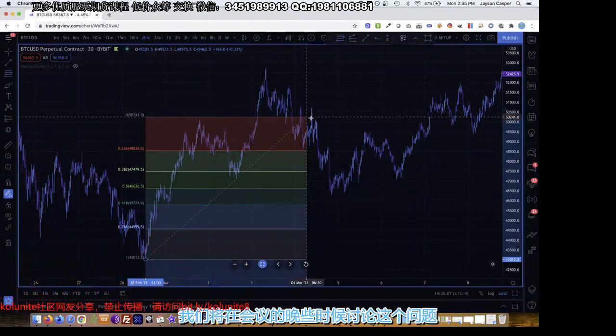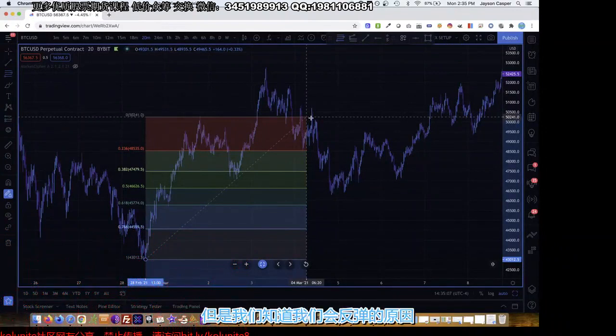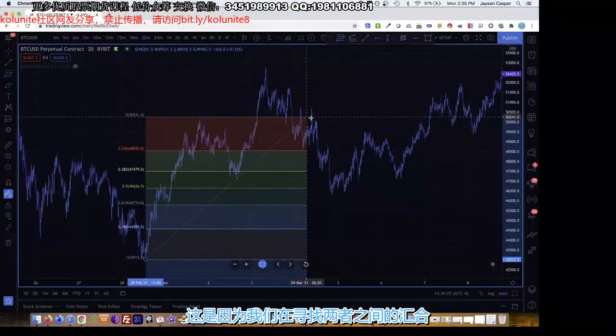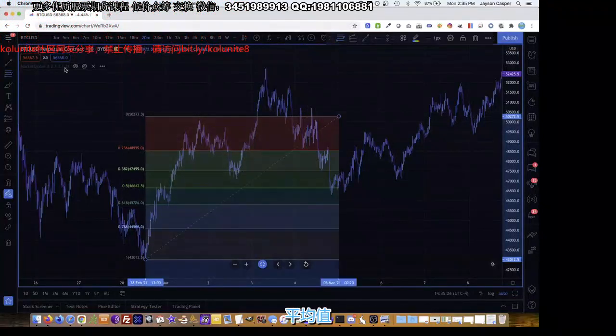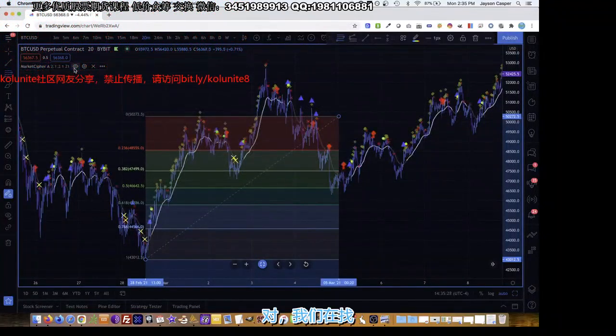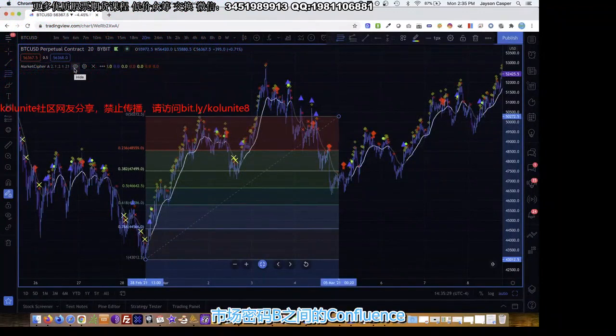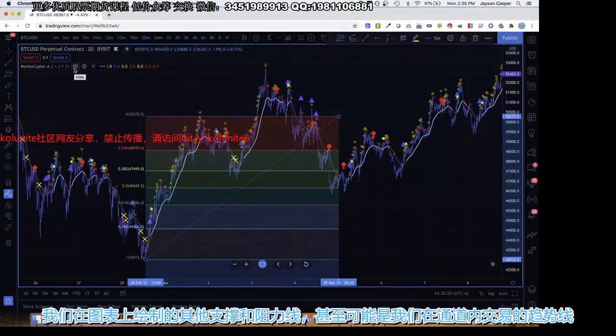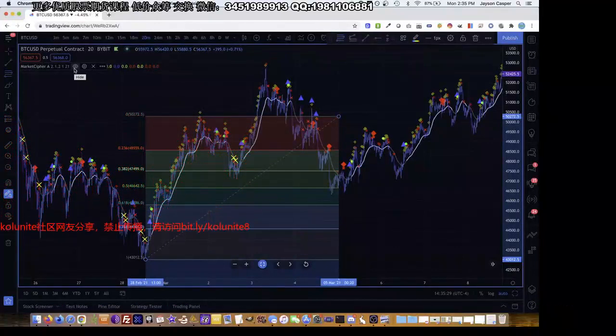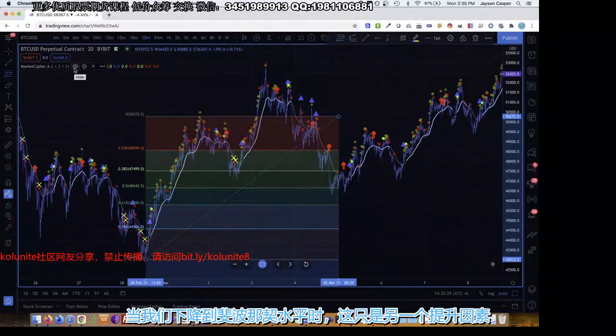We're going to get into that later in the session, but the reason we know that we were going to bounce there is because we were looking for confluence between moving averages, right? We were looking for confluence between Market Cipher B, other support and resistance lines that we have drawn on the chart, possibly even trend lines where we're trading within a channel. This is just another elevating factor when we come down to a Fibonacci level.